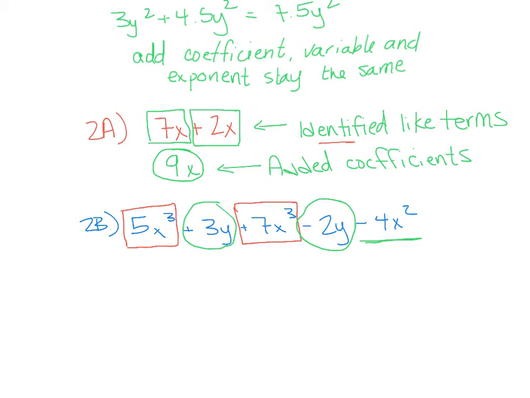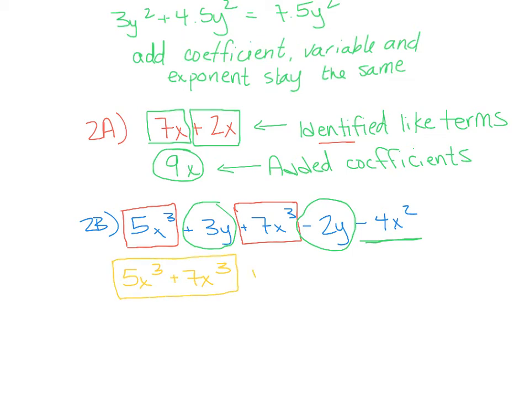So now what we're going to do is we are going to put our boxes together. Okay? So we have in a box 5x cubed plus 7x cubed, and I'm going to box that into one box.